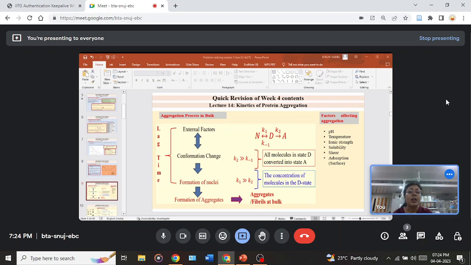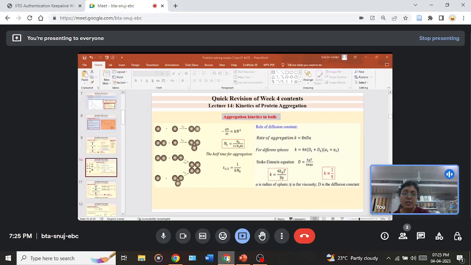And when K1 is much higher than K2, then only the concentration of molecules in the D state will increase, right? We also went through the factors affecting aggregation, that is pH. Changing the pH can cause aggregation, as can changing the temperature, the ionic strength or solubility, as well as shear. We can see that these can lead the protein to aggregation.